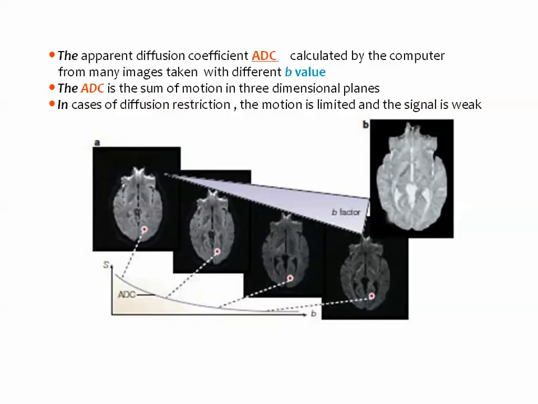Then, what is the ADC, the apparent diffusion coefficient? This diffusion is known as apparent because you cannot actually calculate the diffusion rate through this anisotropic motion, which is random in every direction and obstructed by too many ways. But this image is calculated by the computer.